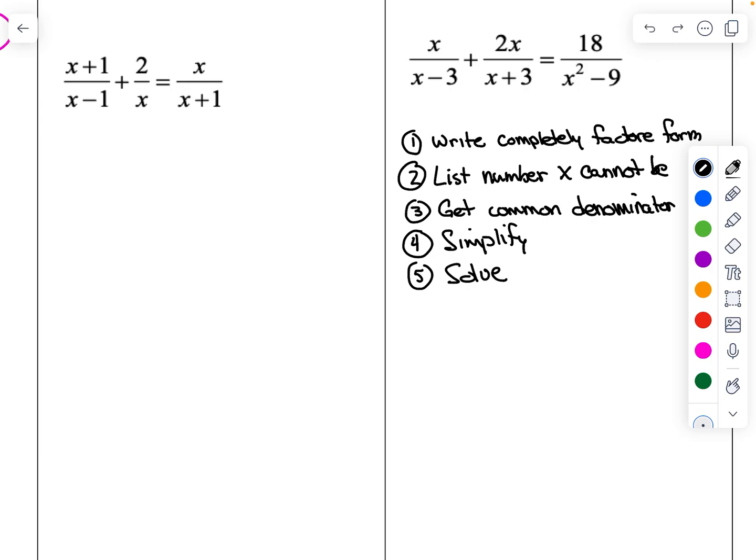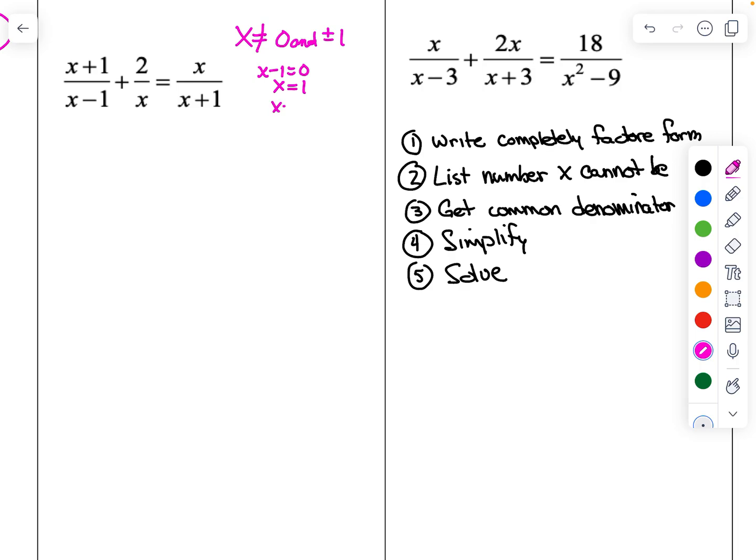Okay, so that's done. List the numbers x cannot be. X cannot be 0 and plus and minus 1. Because if you did x minus 1 equals 0, then x would be 1.